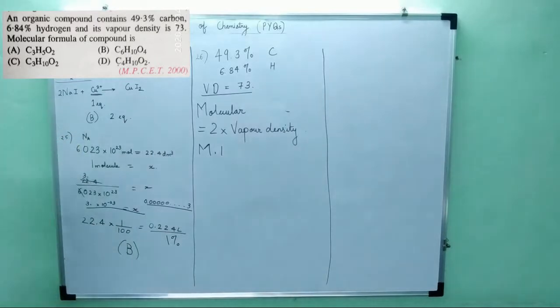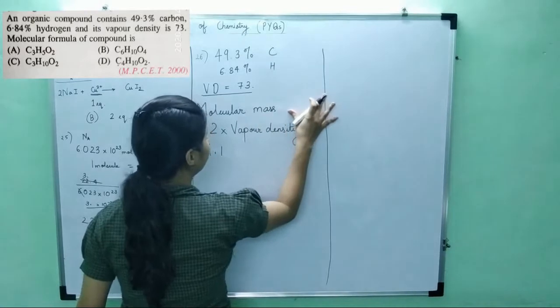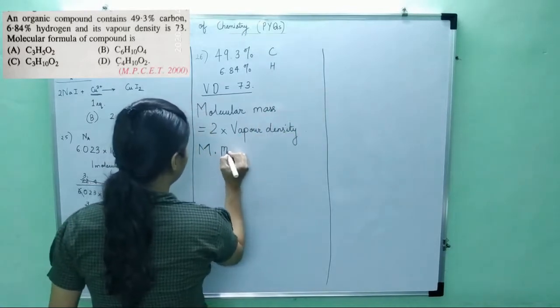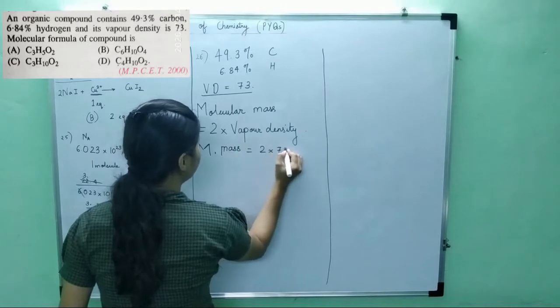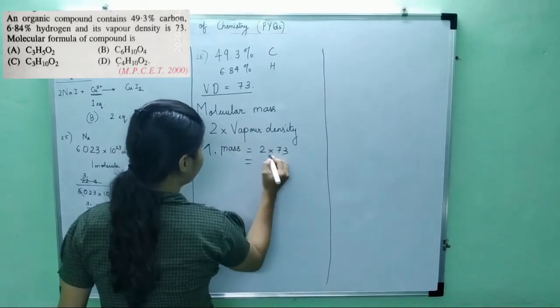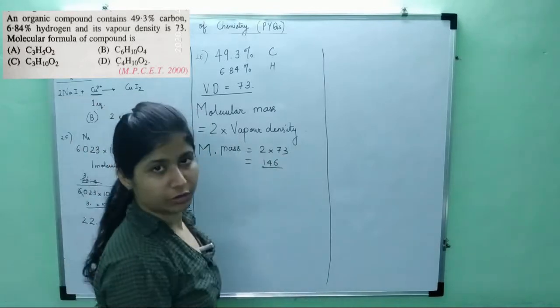This is an important formula and is used very extensively. If I want to find the molecular mass, I can get the value: 2 into 73. So 146 is the actual molecular mass.